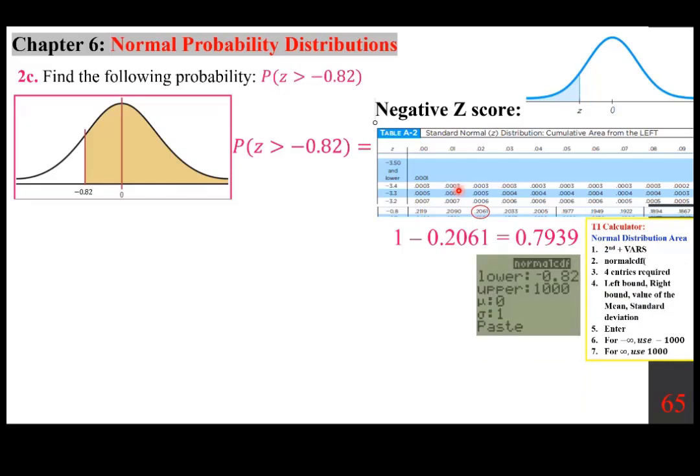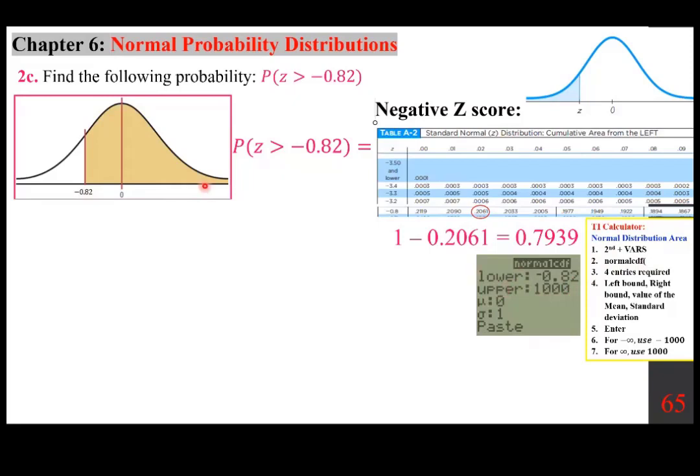As far as technology is concerned, for the TI calculator, you use the command normalcdf. You put the proper information, lower, upper, and so on. Now, this goes from the lower, whatever the number is, all the way to infinity in essence. For the calculator, all you have to do is pick a fairly large number. 1,000 is large enough, or 10,000, okay?